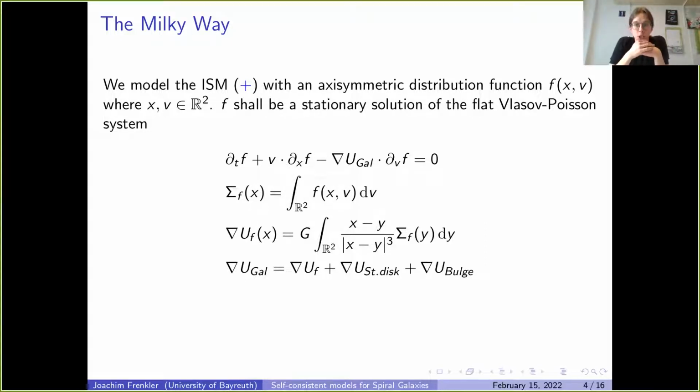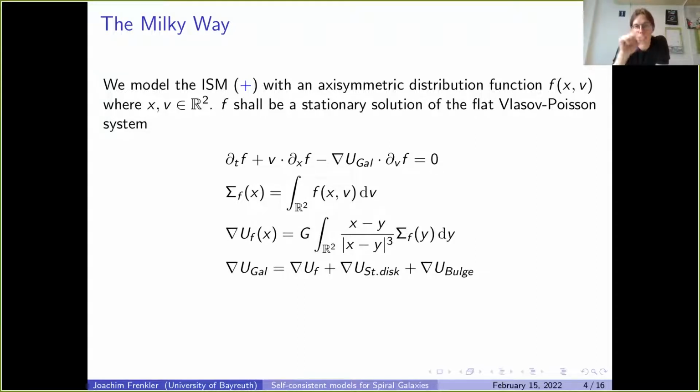This distribution function f depends on position x and velocity v, and both position and velocity we only choose in R2. So we constrict the mass of the ISM, which is concentrated in a thin disk. We concentrate the mass into the plane and ignore motions in z direction. This simplifies things a lot.